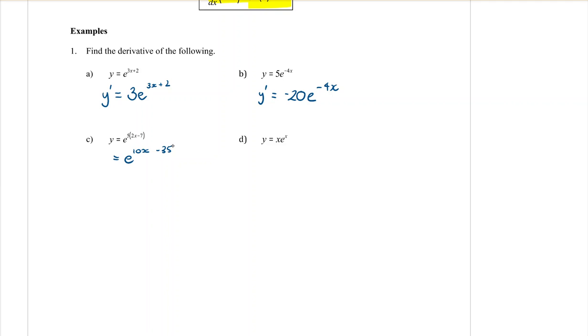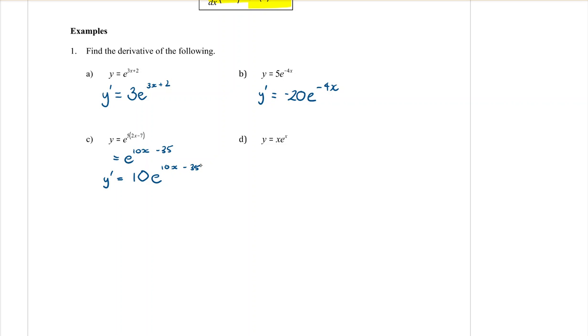Now I haven't differentiated yet, so that's why I've just used an equal sign. On the next line, when I differentiate, I'm now going to call that y dash equals. So the derivative of the power is 10, so that will come down the front, and then the rest of the exponential stays exactly the same as it was. So e to the power of 10x minus 35.